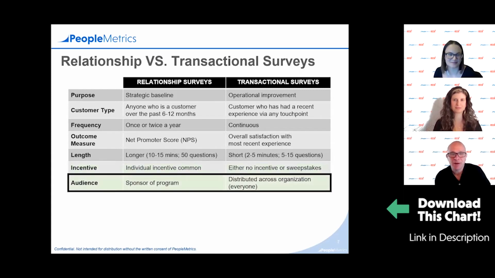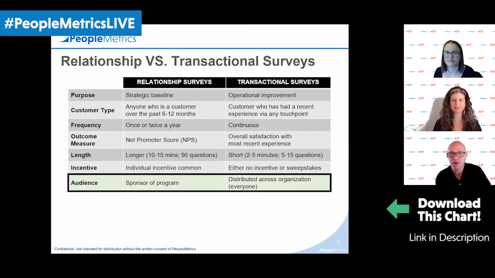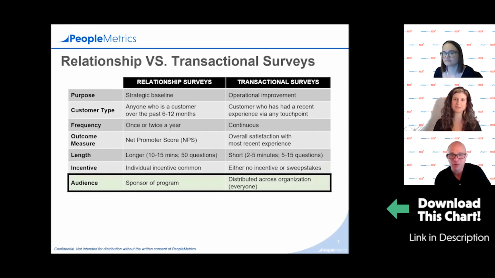Audience. Right, Audrey. So when we do a relationship survey, it's generally focused on someone who's leading the customer experience program, right? So we're presenting findings either within our software platform or through some sort of analysis that we do offline. And we'll go through the results with them, with one or two people generally, and they would take it to share it with the rest of the organization somehow, right?